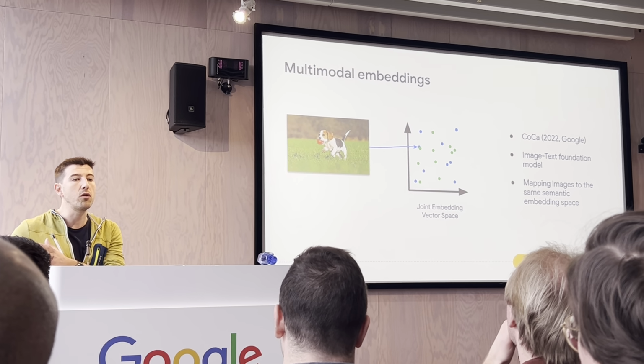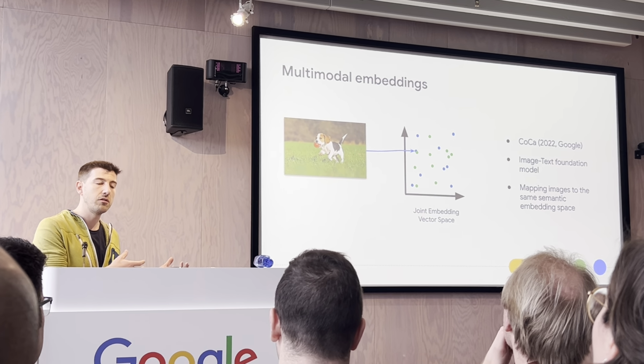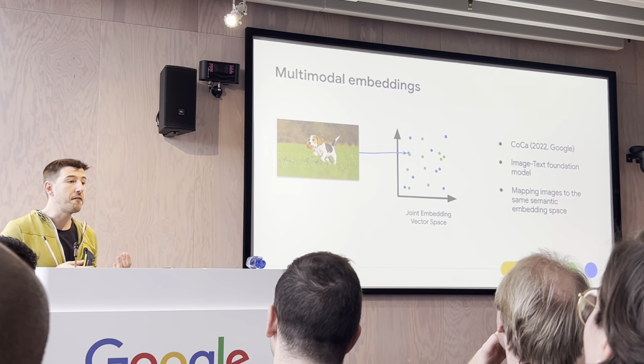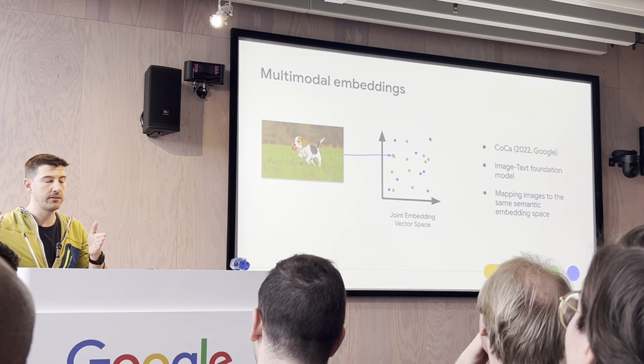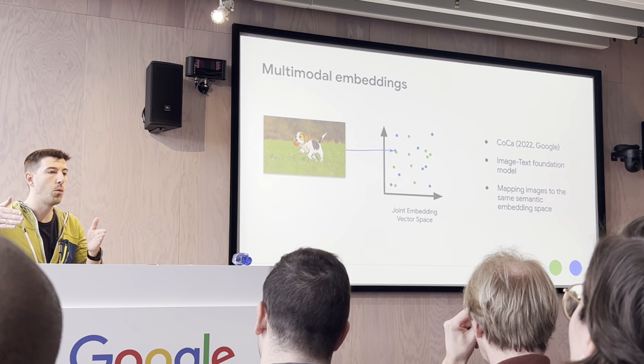A CoCa model can also take a multimodal approach and use image information, so pixel information, as an input. And the very cool thing is that it maps both to the same vector space with the same embedded semantic representation. What does that mean?